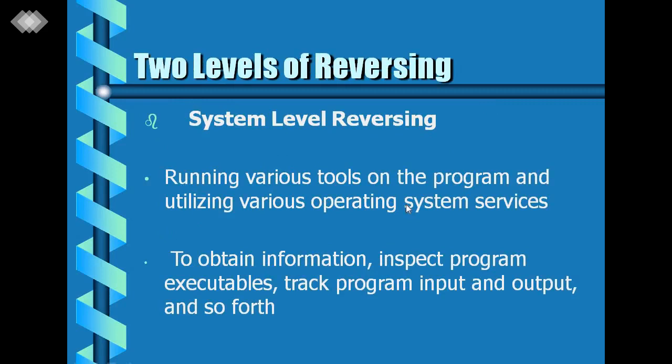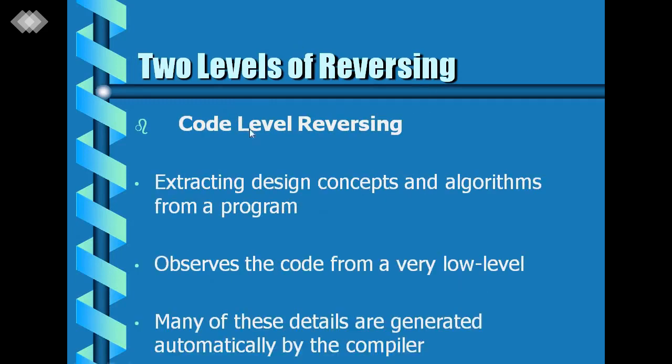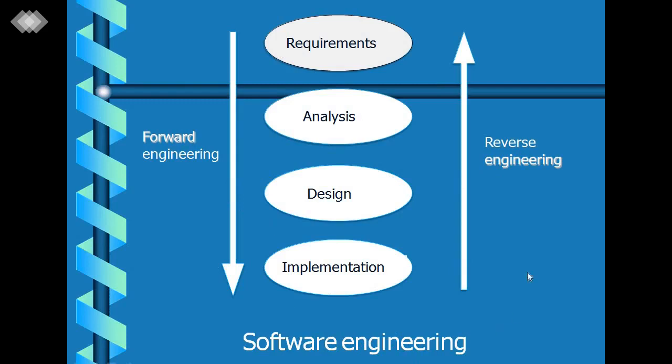Then we covered some levels of reversing: system level reversing, and the next is code level reversing. With the help of this diagram, we can understand what forward engineering is and what reverse engineering is. With the help of this diagram, we can easily understand how forward engineering works from top to bottom, and how reverse engineering works in reverse, from bottom to top.